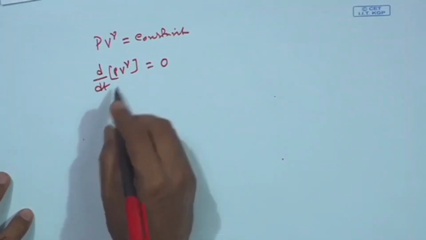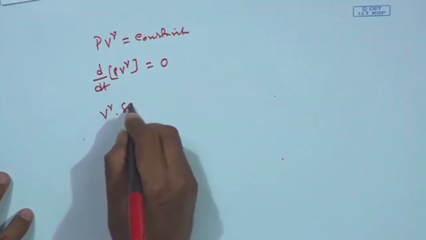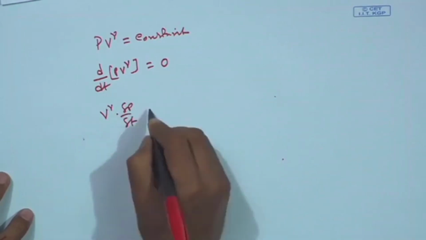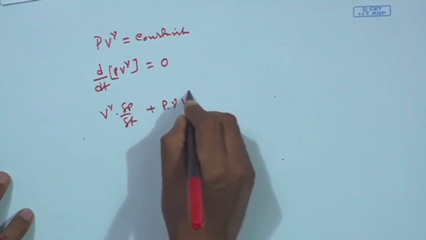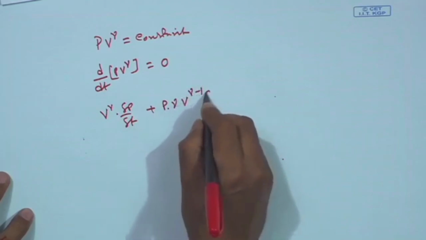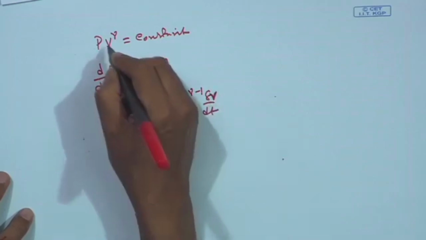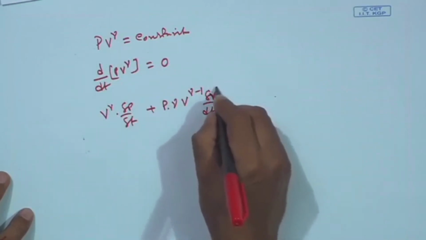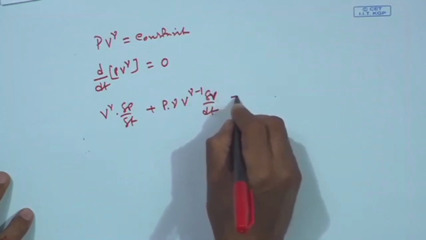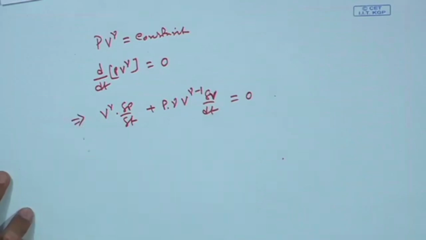So I can write V to the power gamma into del p by del t plus P gamma V to the power gamma minus 1 del V by del t is equal to 0. Here V is capital V, which is volume.